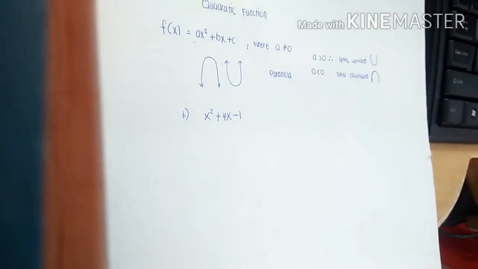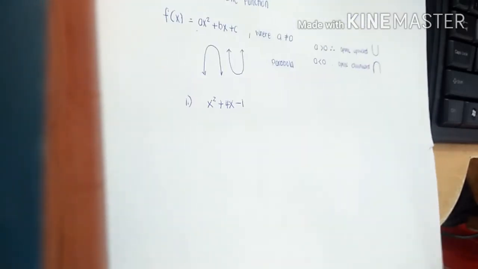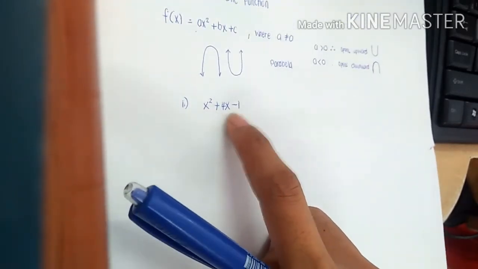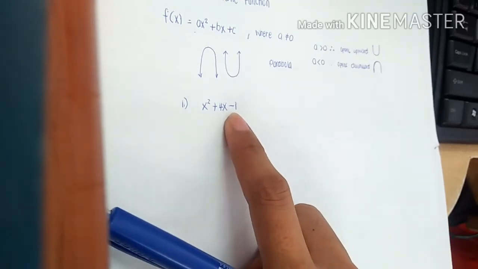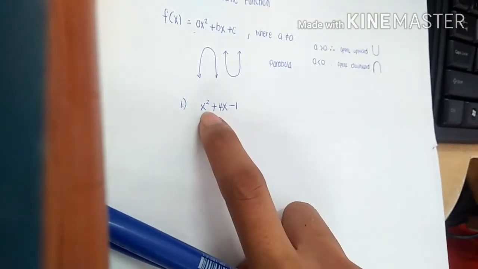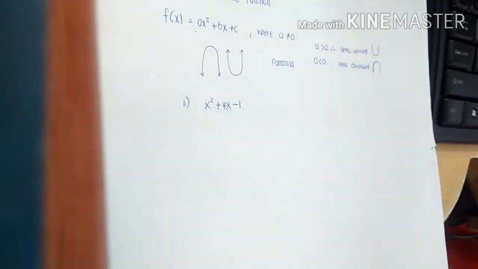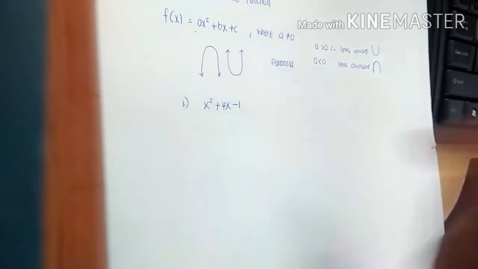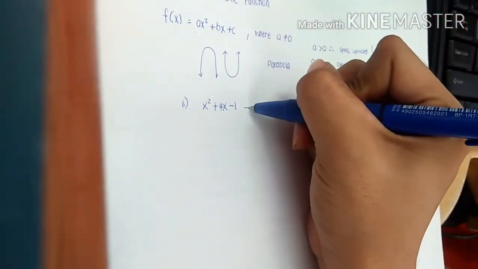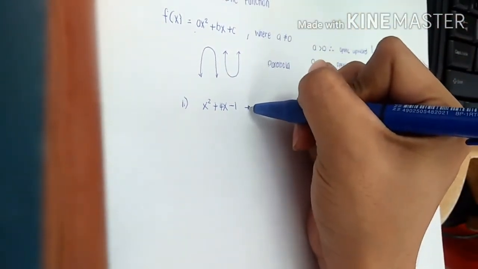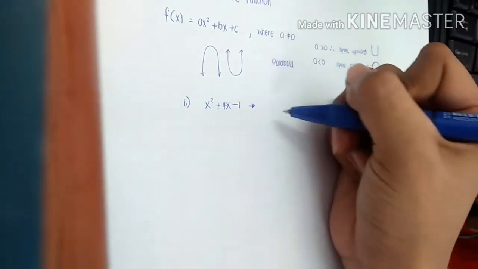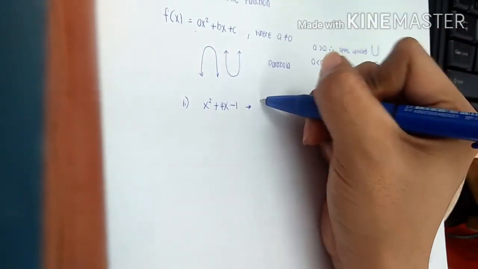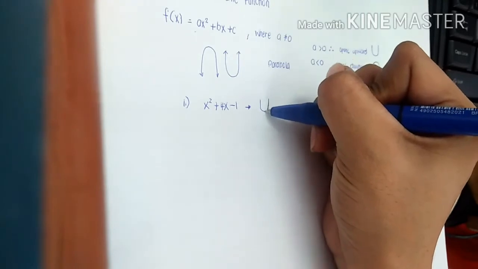Okay, there you go. So I have here an example. Number 1, x squared plus 4x minus 1. Try to look at the coefficient. The coefficient is 1. Is it greater than 0 or less than 0? Obviously it's greater than 0, so the parabola of this equation opens upward.